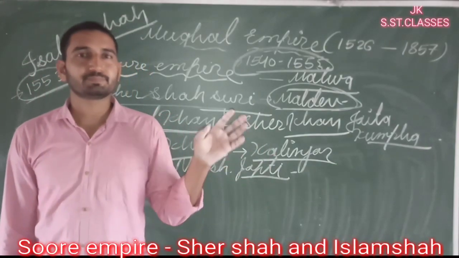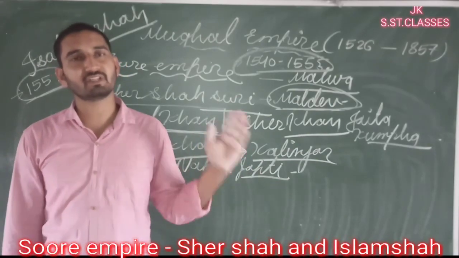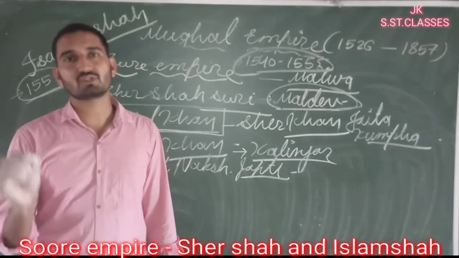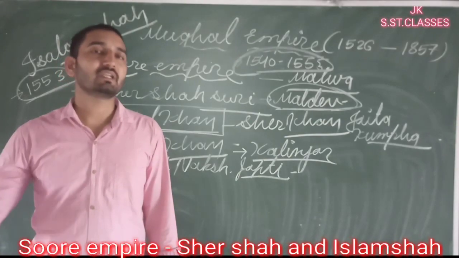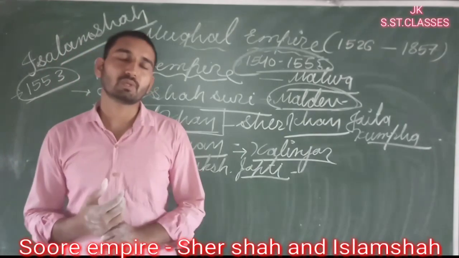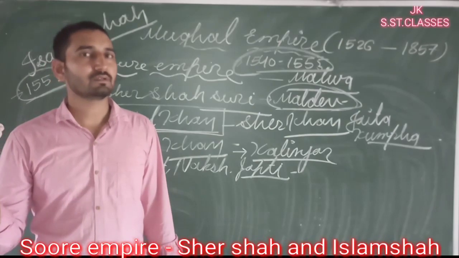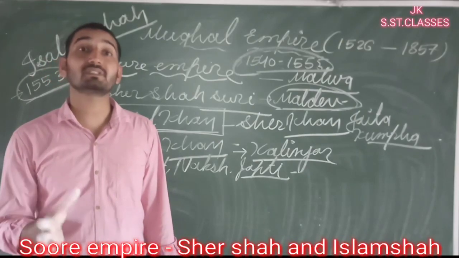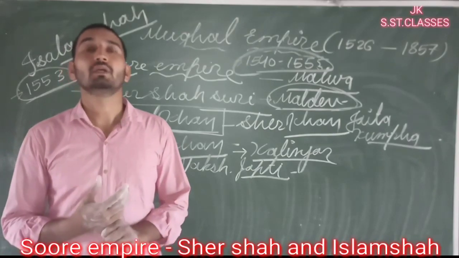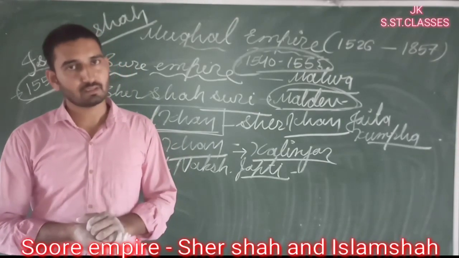After that, we discussed Humayun, whose rule was divided in 2 phases, 1530 to 1540, and then 23rd July 1555 to 24th January 1556. Okay, and after that Soore Empire, Sher Shah Suri, whose architectural contribution and reforms are most famous. He made reforms in land revenue, land measurement, and along with that in coin minting also. Means he restructured the process of coin minting. Is that clear guys?